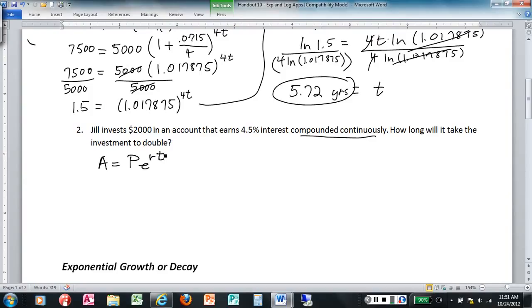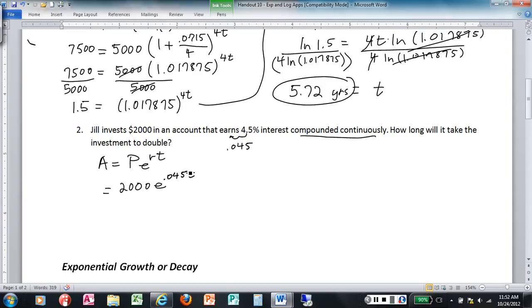All right. So we got 2,000. That's my P. e is the natural base, just base e. And then r, well, again, it's a decimal right there, but don't put 4.5 for r because you still got to move it 2 places back, so that'll be 0.045 is r. t is what I'm trying to find.